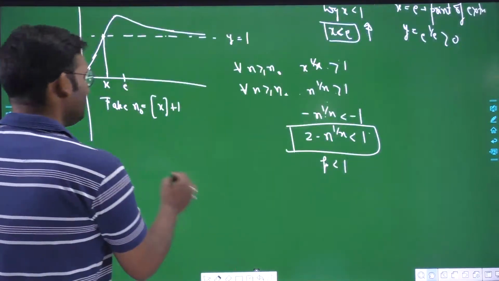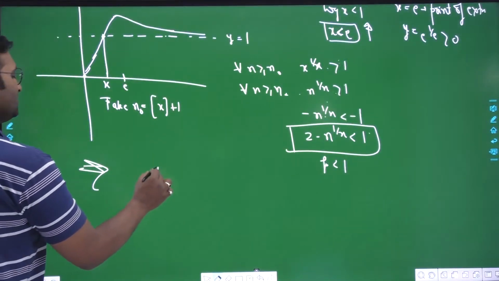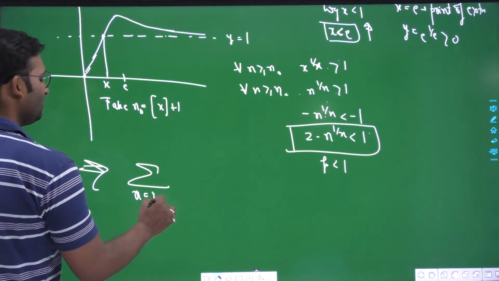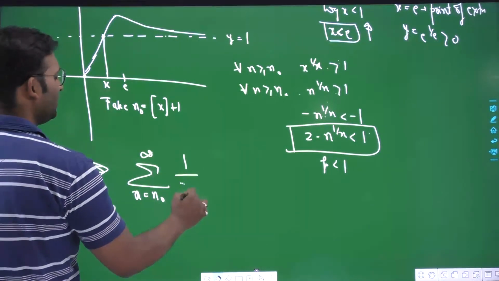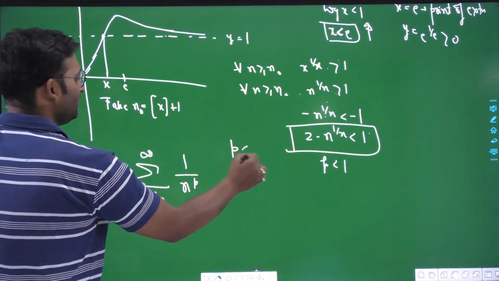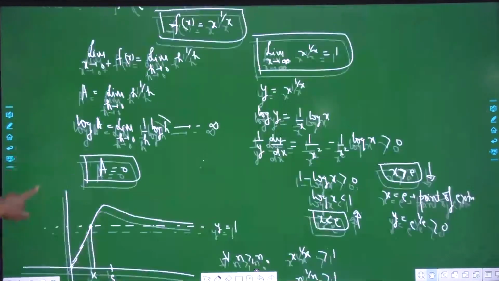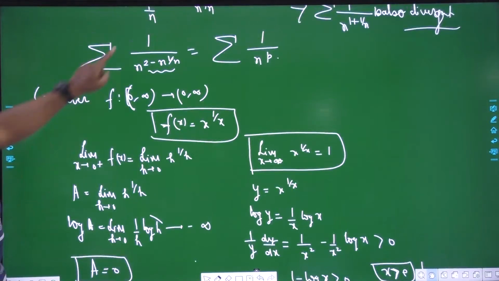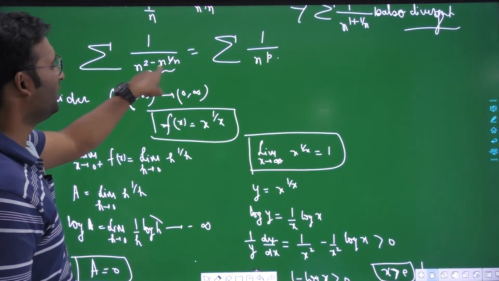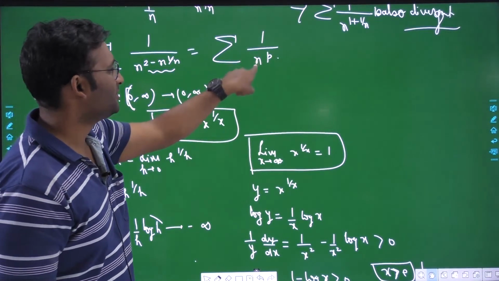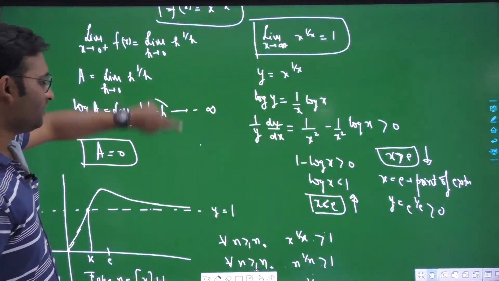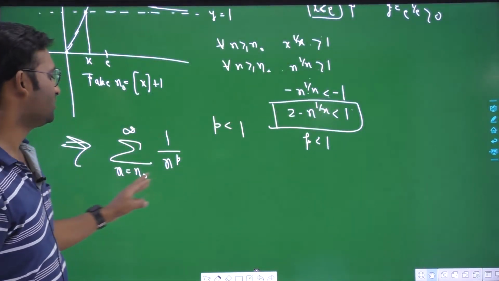Okay, what does it imply? It implies that the summation from n equals n naught to infinity of 1 upon n to power p, with p less than 1. So this particular series of yours, that is 1 upon n to power 2 minus 1 upon n to power 1 over n, I have written as summation 1 upon n to power p. And what I found is that your p is less than 1 for n greater than or equal to n naught.